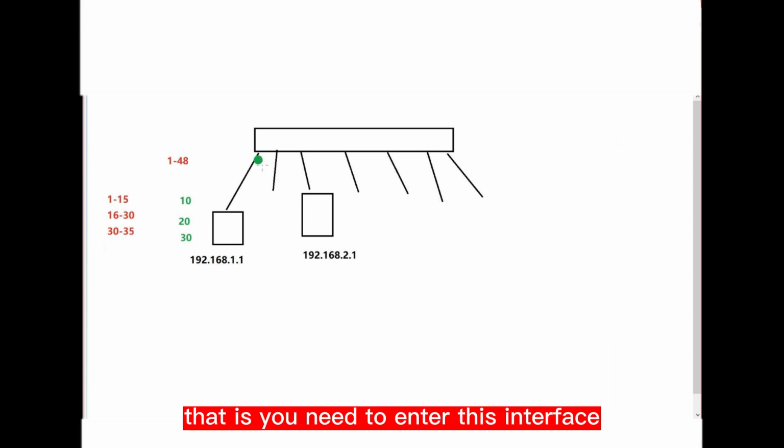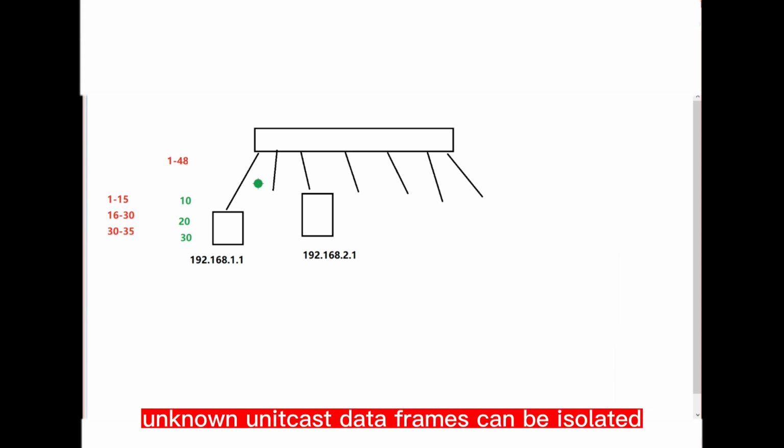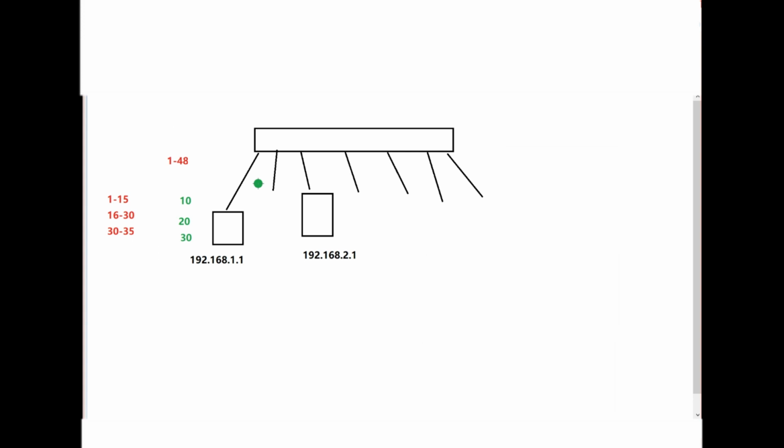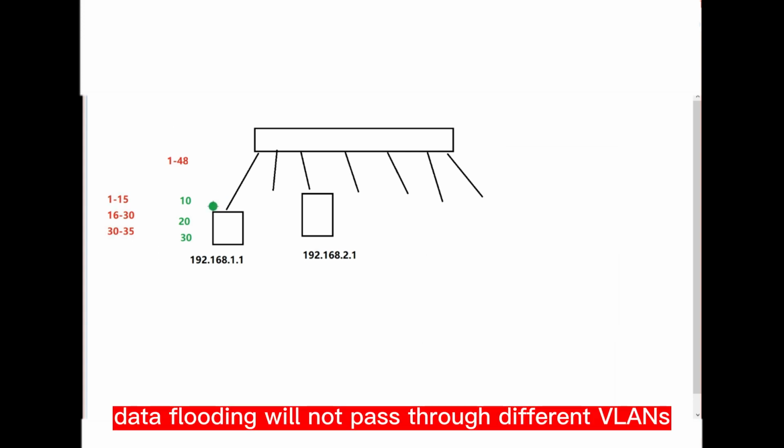That is, you need to enter this interface and then divide it into the corresponding VLAN. Then this interface belongs to this VLAN. It's simple. Between different VLANs, unknown unicast data frames can be isolated. Broadcast frames can also be isolated. Data flooding will not pass through different VLANs.